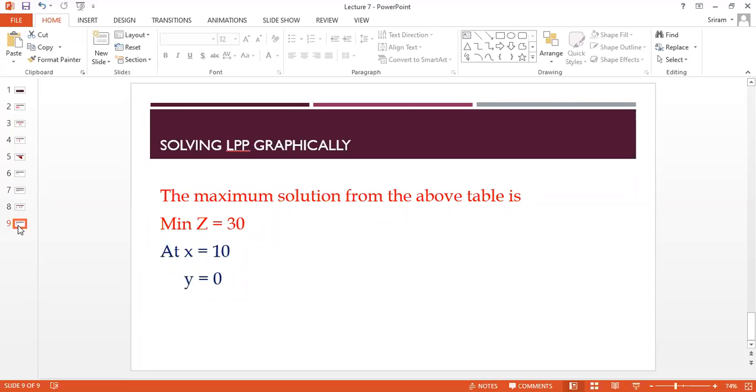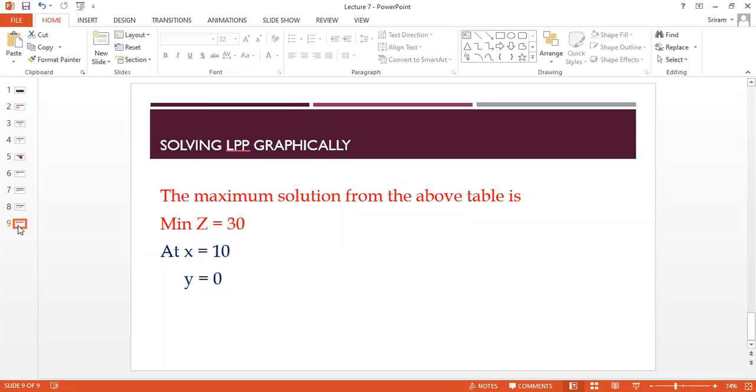We discussed two models in this chapter. The first model, we were discussing formulation of LPP. That is also a problem, isn't it? How to formulate LPP. And the second one, we were discussing the graph.